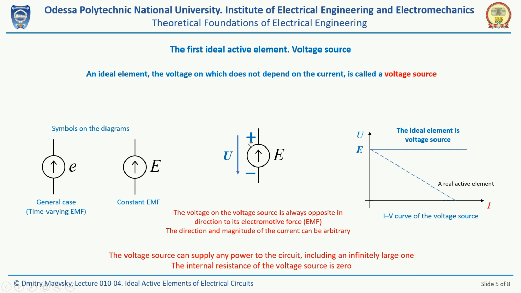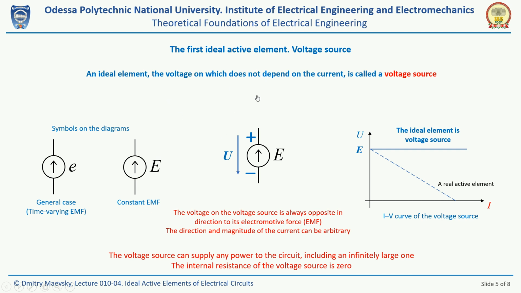Please pay attention to the direction of electromotive force and the direction of the voltage on the voltage source. In our first lecture, we agreed that we would always choose the direction from the positive pole of an element to its negative pole as the conditional positive direction of the voltage.